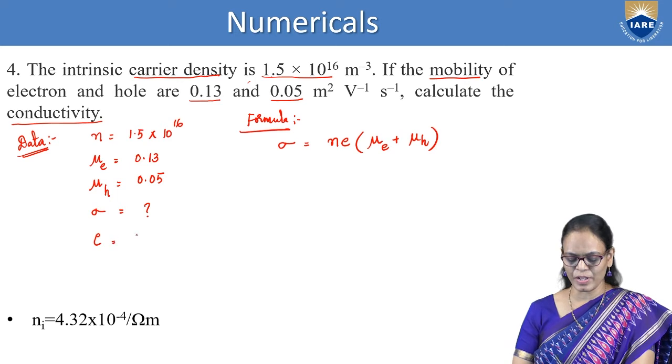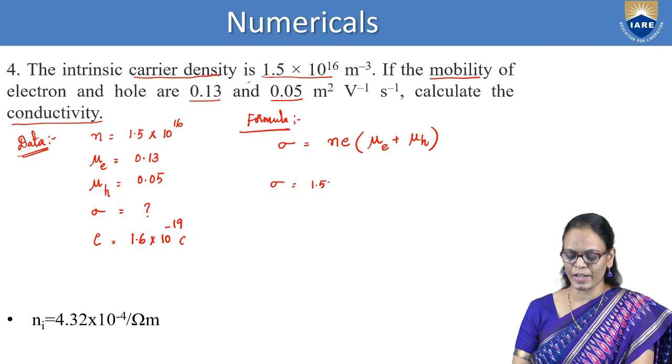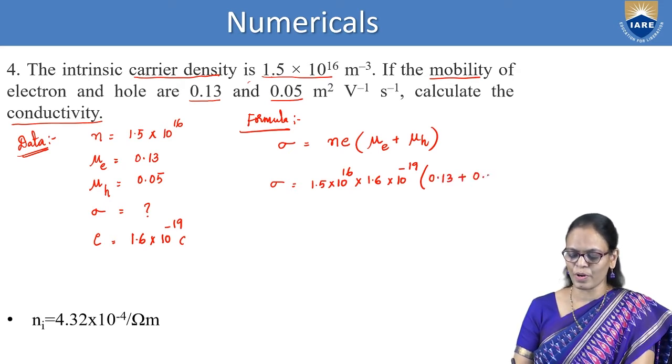Value of E, again we are taking it as 1.6 into 10 power minus 19 coulombs. So now it is mere substitution. N is 1.5 into 10 power 16, into charge is 1.6 into 10 power minus 19, into mu E plus mu H, 0.13 plus 0.05.